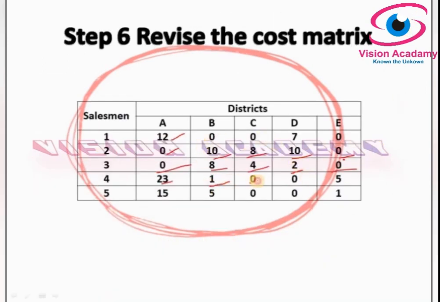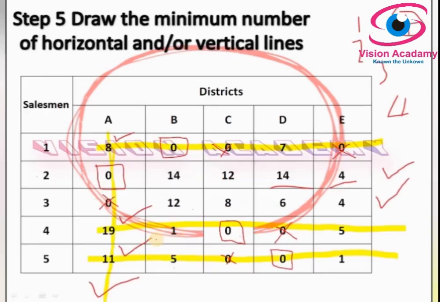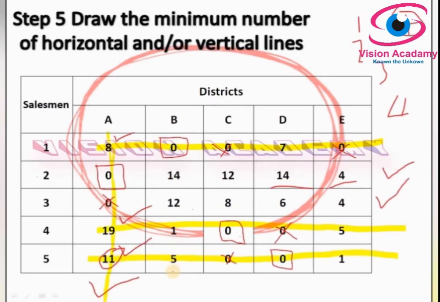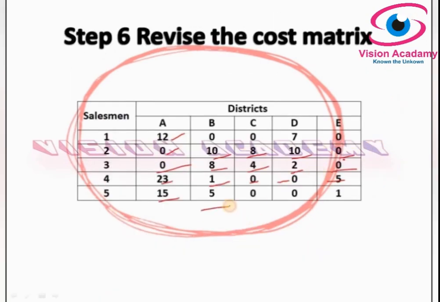Let's move to the last row. 11 is an intersection. There two lines are met together. So 11 plus 4, 15, and the remaining values will remain the same. This is how you revise the cost matrix.